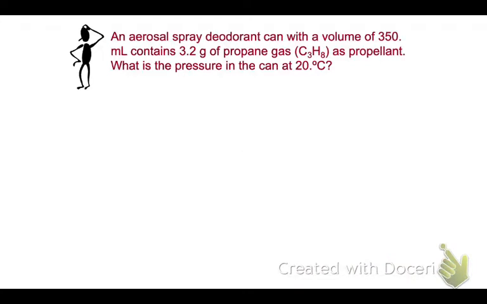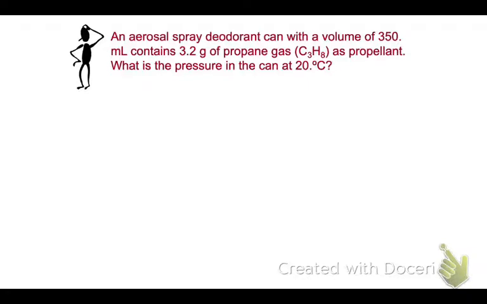Let's solve this question together. An aerosol spray deodorant can with a volume of 350 milliliters contains 3.2 grams of propane gas as a propellant. What is the pressure in the can at 20 degrees Celsius? Okay, so here, this is not a before and after question.